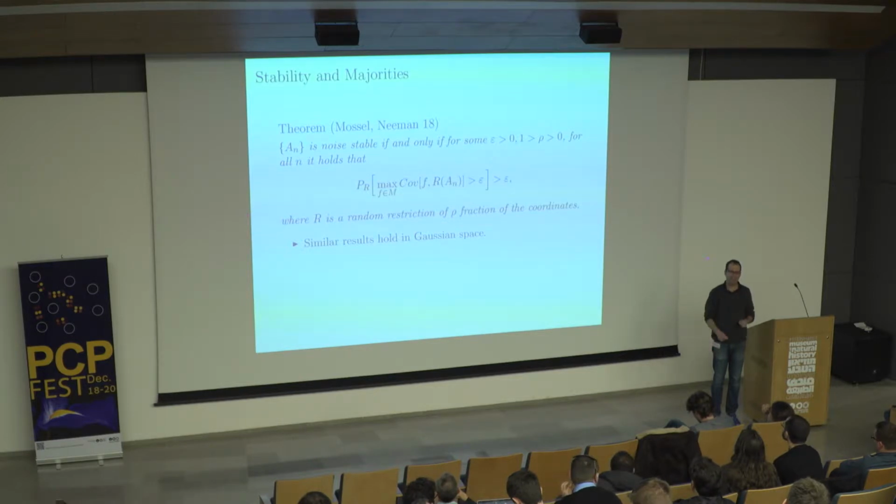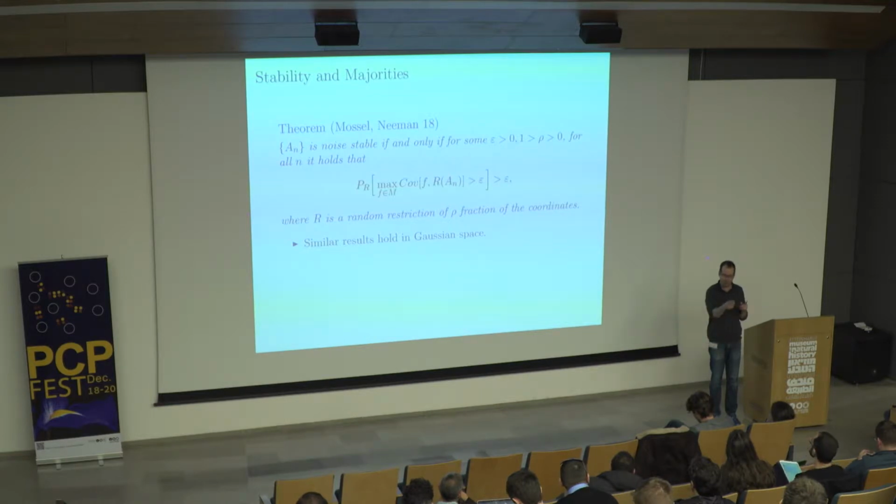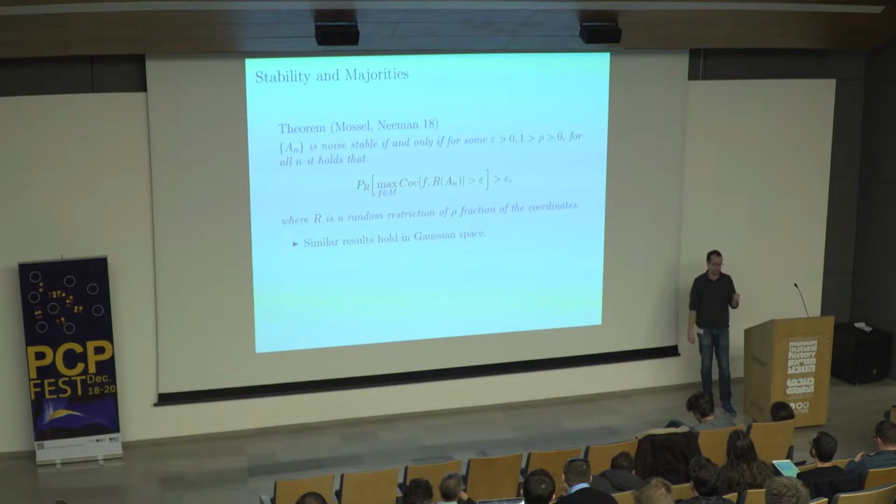One thing that I tried to sweep under the carpet, but I forgot that you are here, is that the definition of noise stability actually does not depend on rho. This is already in the BKS paper. So this rho can change value from one definition to the next. But what this theorem is saying is that it's not the case that you're stable if and only if you are correlated with a majority.